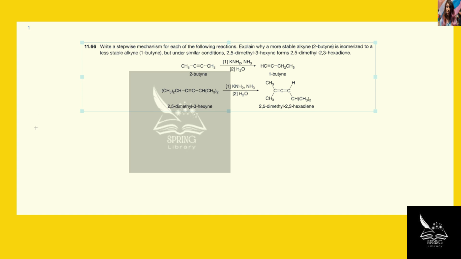So from the first problem here, we see that we're reacting with potassium amide. Potassium is just a counter ion, it doesn't really do anything, but the real key here is the NH2-, which is a strong base, in some sort of equilibrium with ammonia.